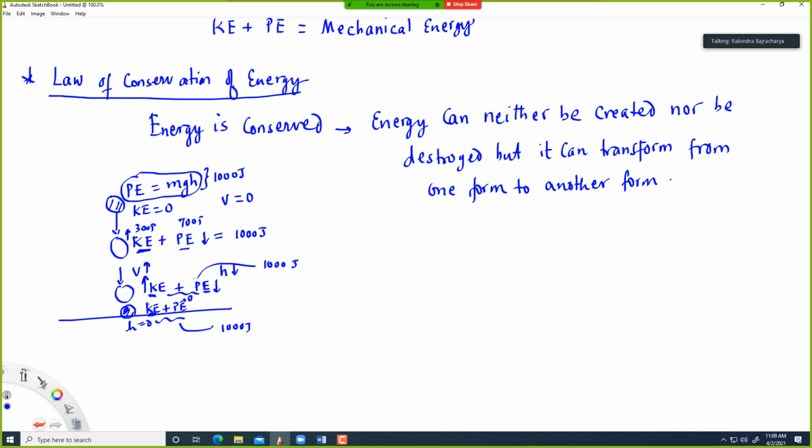Here you may have 700 kinetic and 300 potential, and here you have all kinetic. So that's what this means. You cannot create or destroy energy, but you can simply transform it from one form to another form. So this is called conservation of energy.